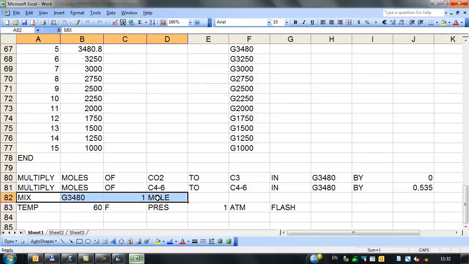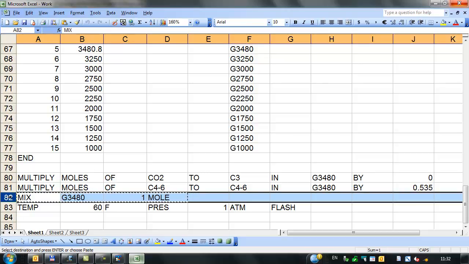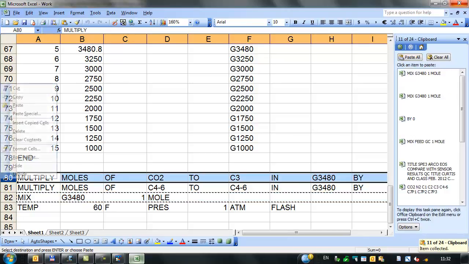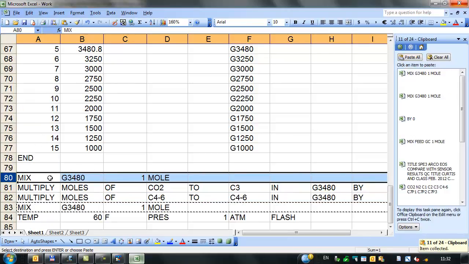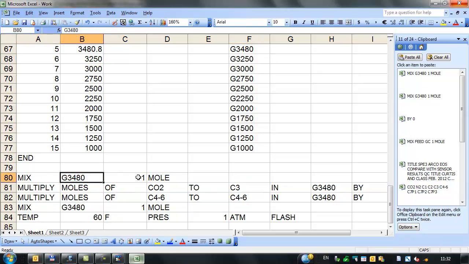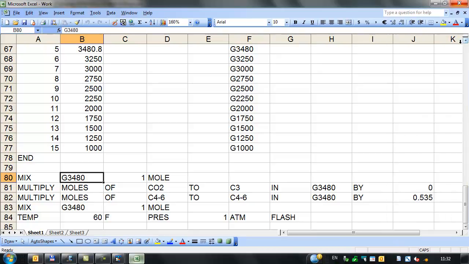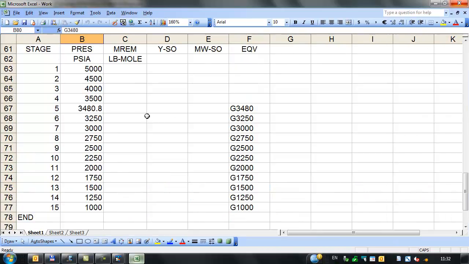Maybe we should just see what we have when we get out of this. When we leave, let's see what we have as a gas composition there when we finish. It should be storing this gas from here.